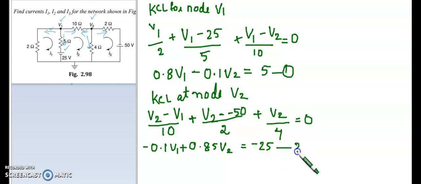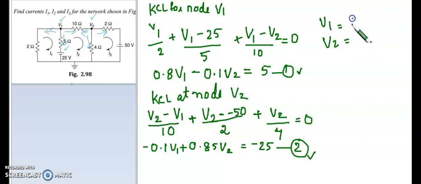And this is equation number 2. So, you can put in a calculator to find V1 and V2. There are 2 equations, equation number 1 and equation number 2, and we can find the 2 unknowns V1 and V2 using a calculator.